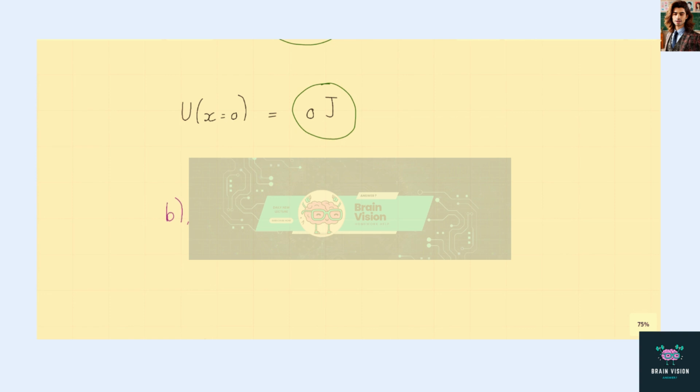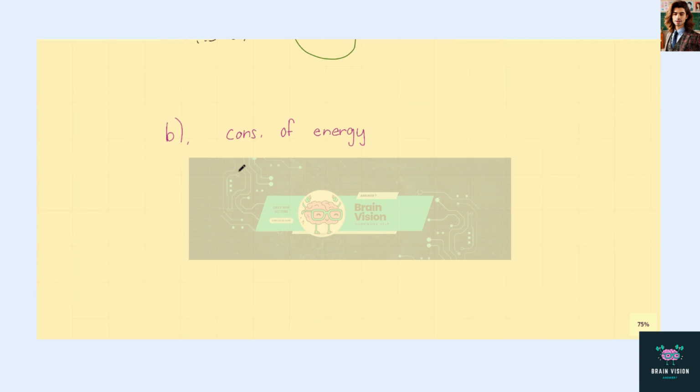In question B, we want to find the speed of the block as it passes through the equilibrium point. So we know we have to apply the conservation of energy. So all of the initial elastic potential energy stored in the spring is converted to kinetic energy through the equilibrium point. So the change in kinetic energy plus the change in potential energy is equal to 0.